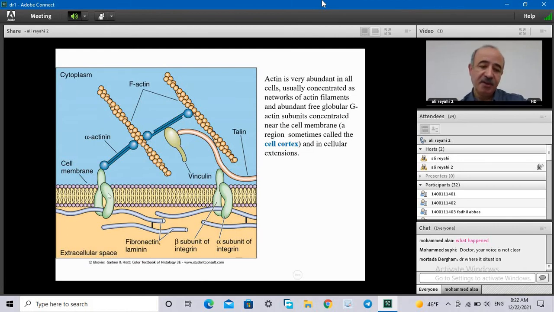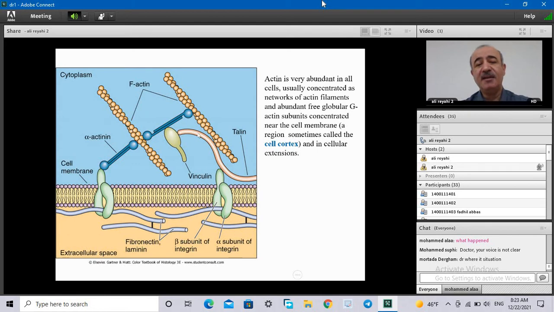subunit. And in this picture you can see the cell membrane. This is the cell membrane, and these are the integral proteins. And here is the cytoplasm, and you can see the actin filament attached to the integral protein by some proteins like alpha-actinin, vinculin, talin, and the other proteins.